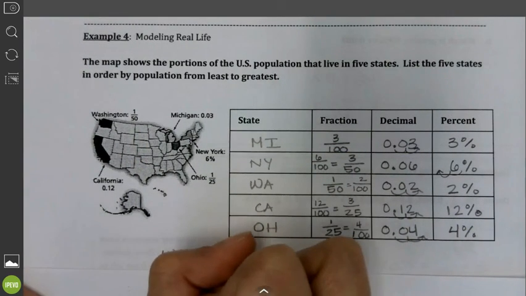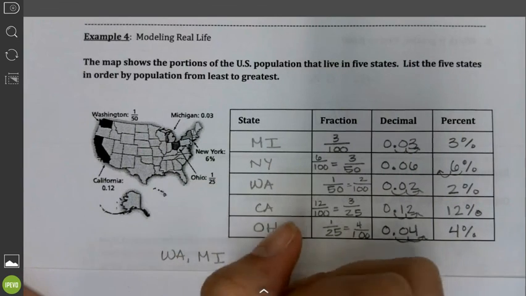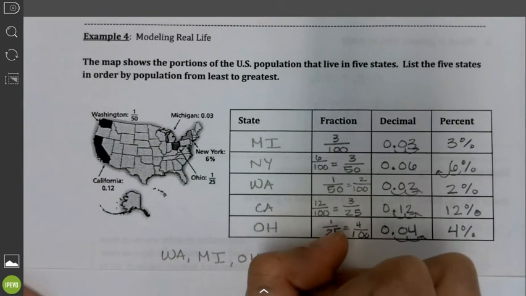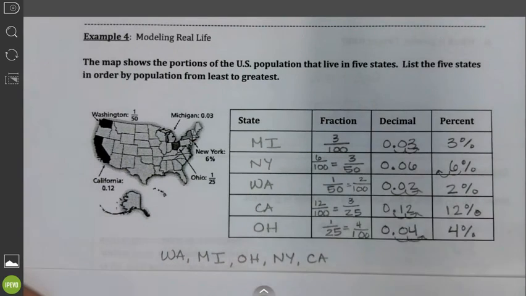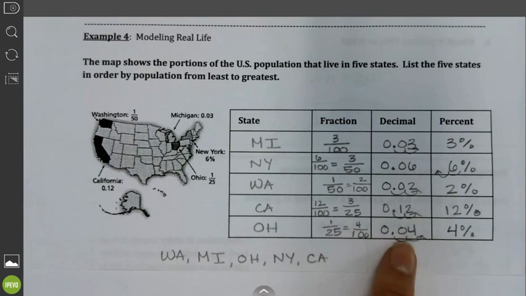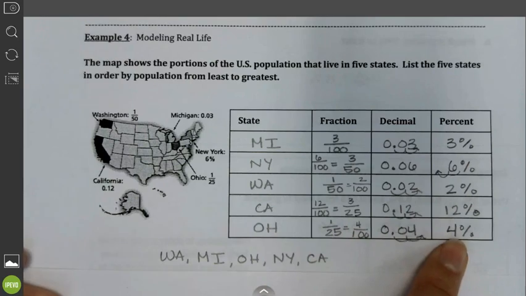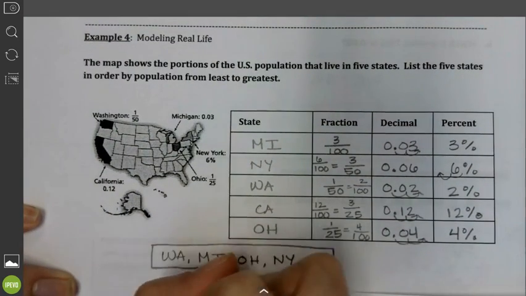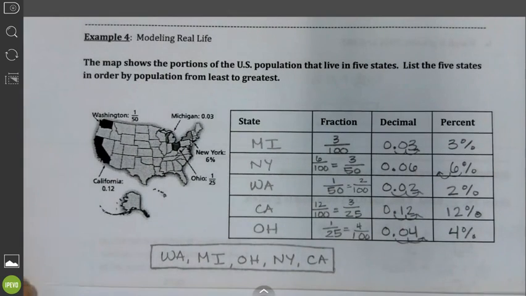Then we have Michigan. Then we have Ohio. Then New York. And then California. And you can do that by comparing the fractions, which I think can be a little bit more challenging, the decimals, or the percents. And there's your answer, and those are the 4.3 notes.